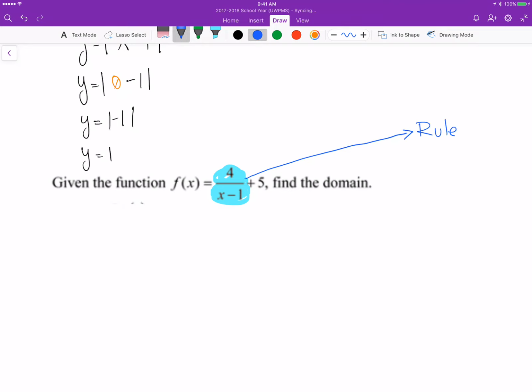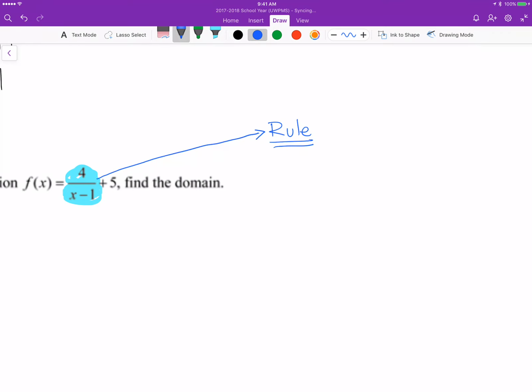Rule: when a over 0, the answer is undefined. That's how we're going to express that.